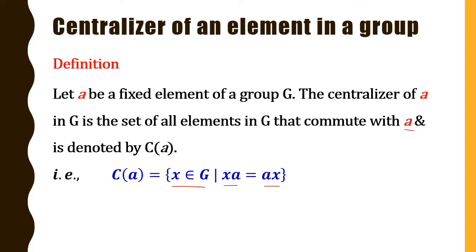Note that here we don't have for all a belongs to G. If we get for all a belongs to G, then that is nothing but the center of a group. But in case of centralizer, it is for a particular element. So what is C(b), where b is an element of G? Then C(b) is the set of all x belongs to G such that xb = bx.